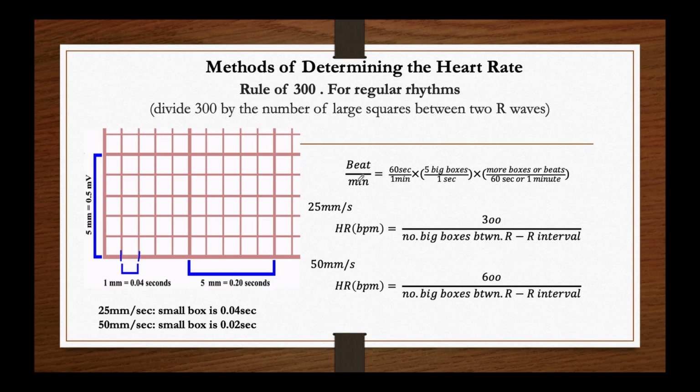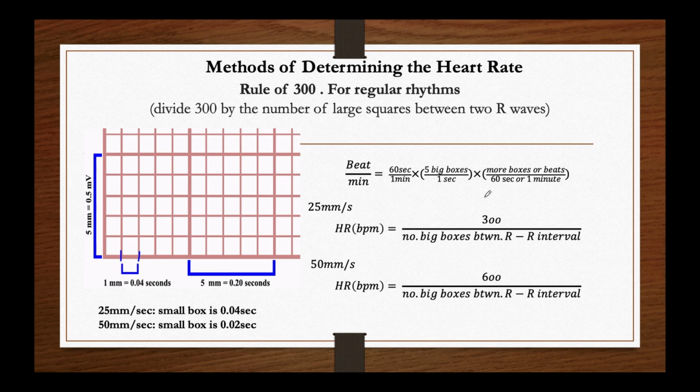We know that the heart rate is measured in beats per minute, and 60 seconds gives us 1 minute, right? So, if we take 0.2 seconds to get one large box, then in 1 second we are going to get 5 big boxes.